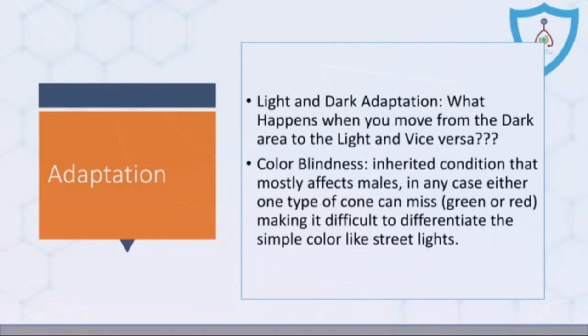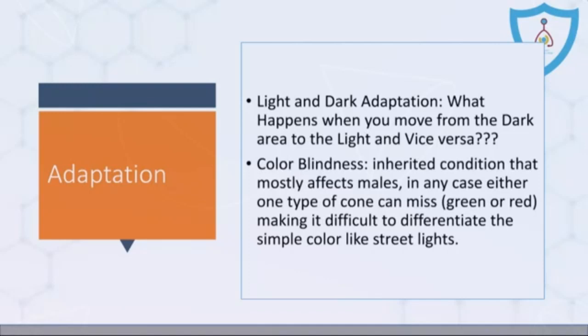And linked abnormalities here, you can have things like color blindness, and this is usually an inherited male disorder where men are not able to tell apart between green and red. So you can look at how this one comes about. There are many more other abnormalities.